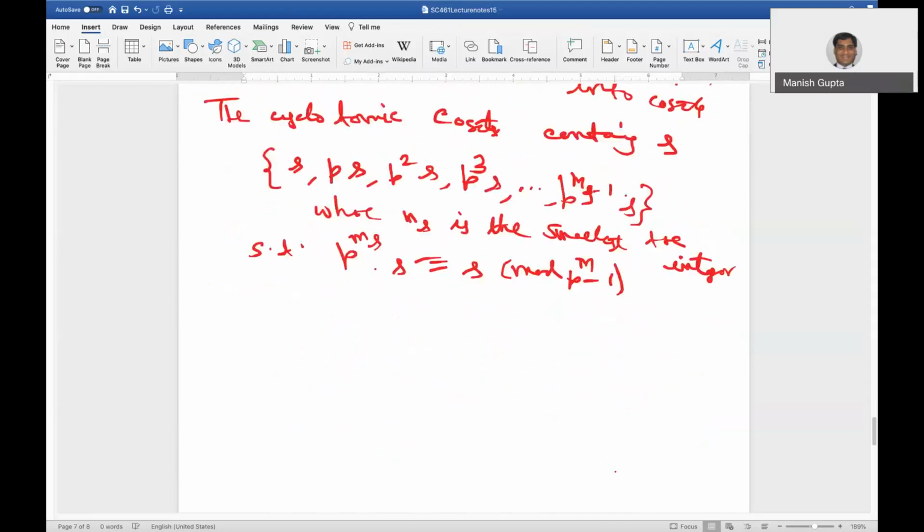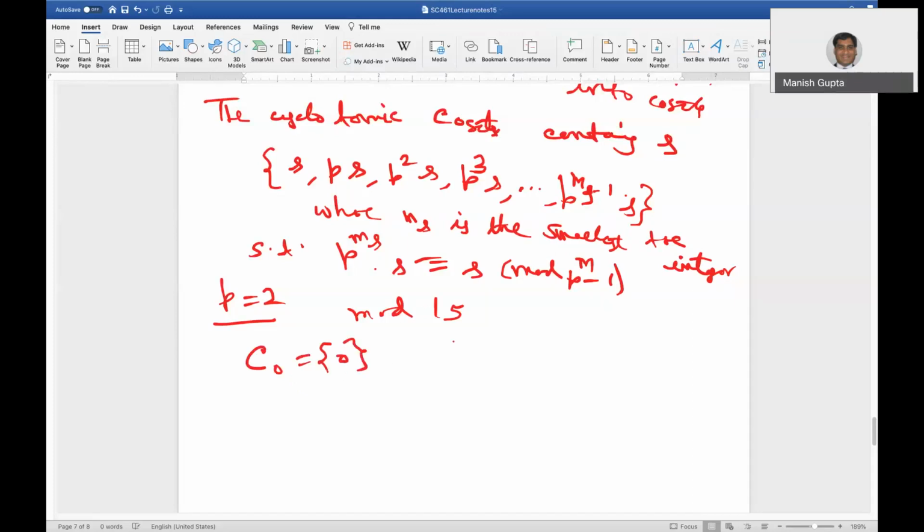So let us take a very specific example. p is equal to 2, and we are looking at modulo 15, suppose. m is equal to 4 here. The cyclotomic coset containing 0 will be singleton 0.